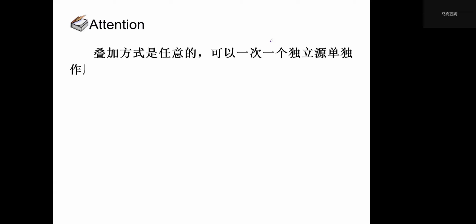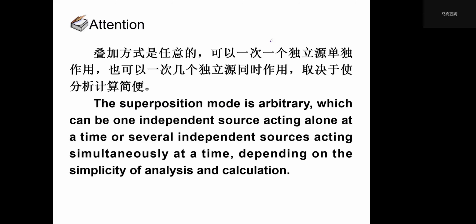So we have to pay attention that how you choose the superposition sub diagram is random. If you have n independent sources in your circuit, you can divide it into n sub circuits, or you can just pick several and leave some independent sources in one diagram and leave the rest in the other diagram.